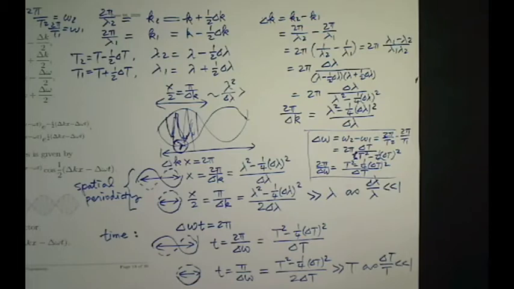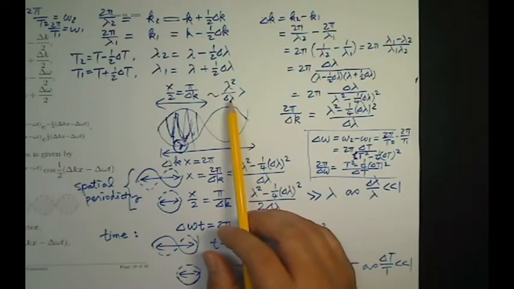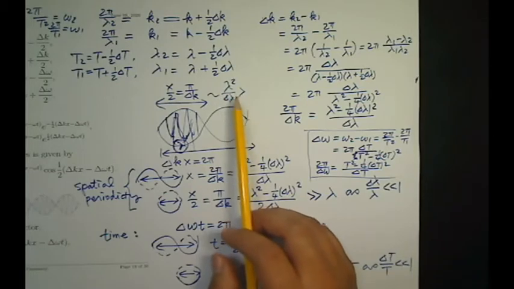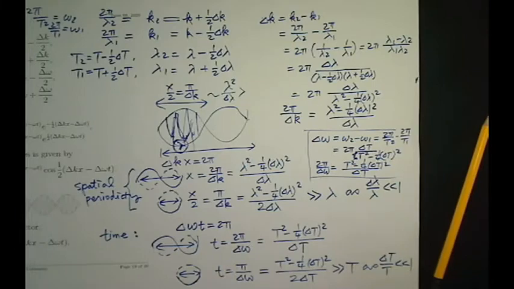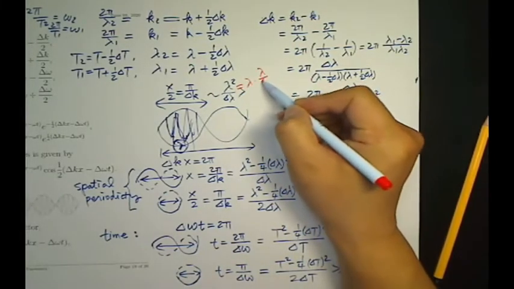Therefore, if we have a small difference in the wavelengths, this is much greater, much longer than lambda. We say this one is lambda multiplied by lambda over delta lambda.